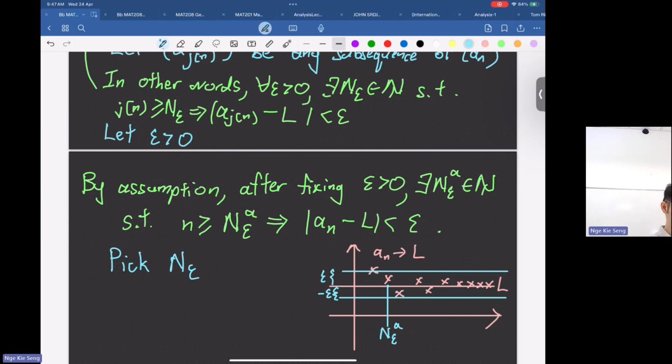Let's say this is the n, because after this n, everything is within the epsilon gap. But you want to show it for a_jn here. What is a_jn? It is just a subsequence. The terms of the subsequence also come from the original sequence, just by omitting some of the points. So how do you make sure that the term in the subsequence is within the epsilon gap of L?